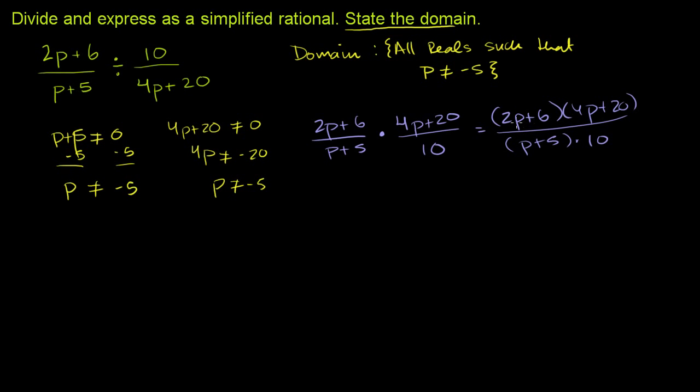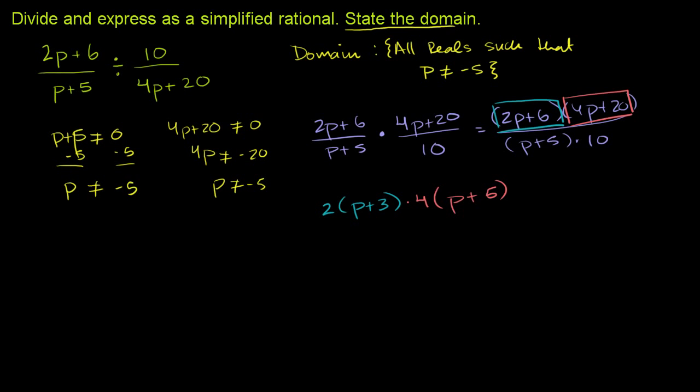In the numerator, 2p plus 6, we can factor out a 2. So we can rewrite it as 2 times p plus 3. And then the 4p plus 20, we can factor out a 4, so times 4 times p plus 5.